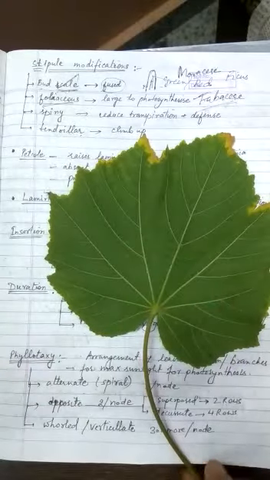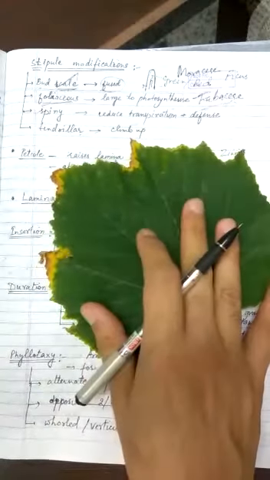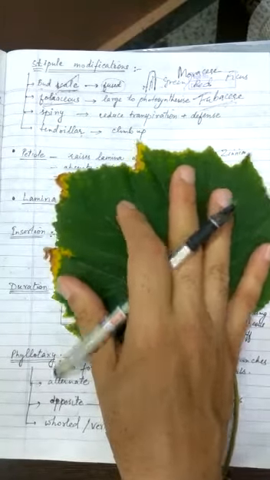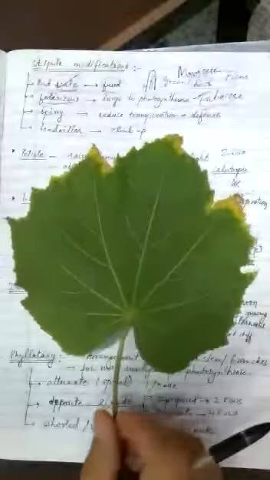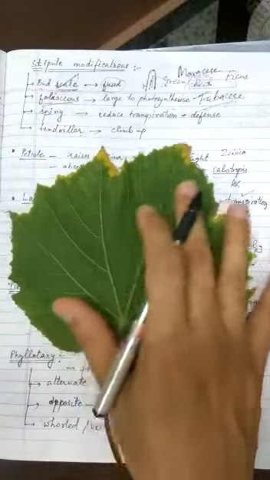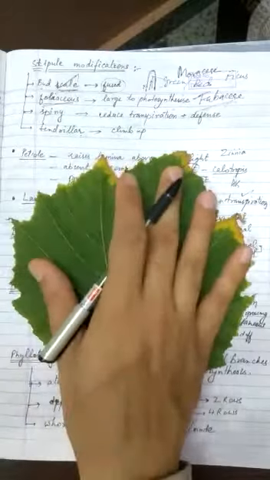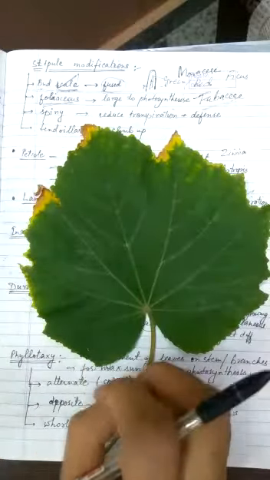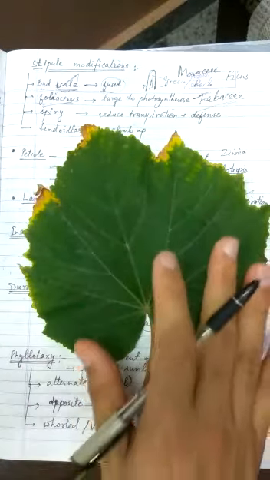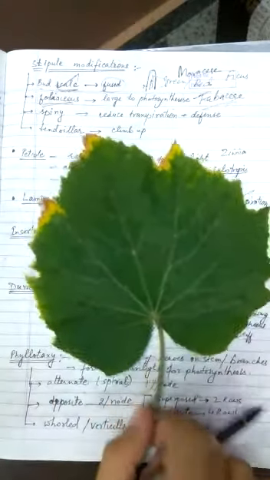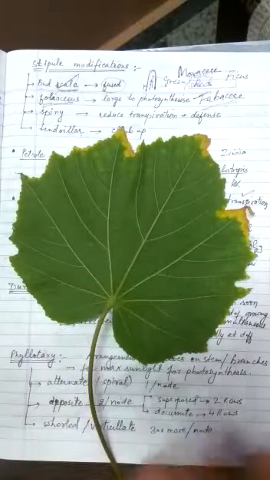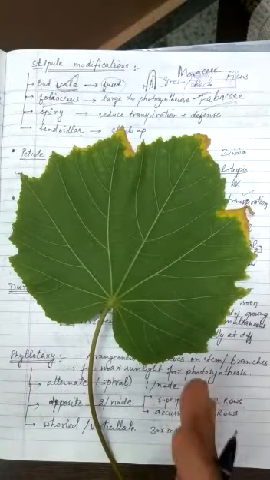The reason is again the same, because if this side had lots of stomata and sunlight fell on it, there would be more loss of water. So intentionally, through the course of evolution, plants have put maximum stomata, or you can say all stomata, on this surface, because this surface is not facing the sun, and this surface will have no stomata or minimum stomata. The reason is it is always facing the sun. Darker color because of more photosynthesis. Minimum green color, because it is hardly exposed to the sunlight. I hope this point is clear.